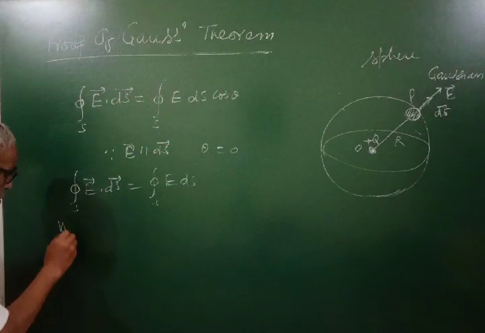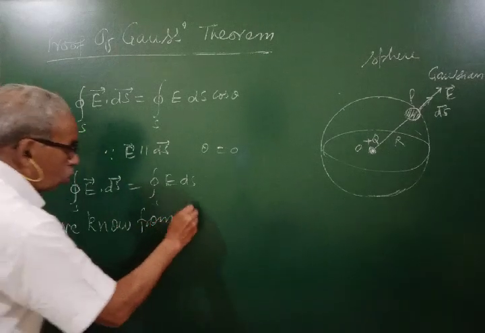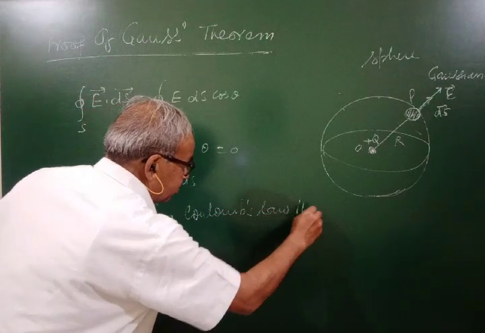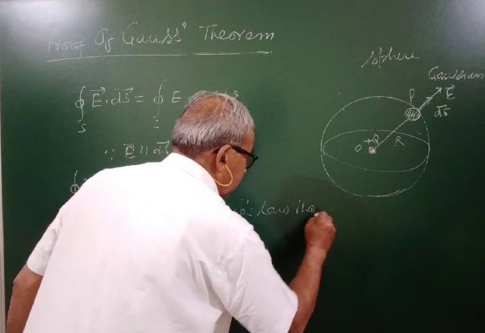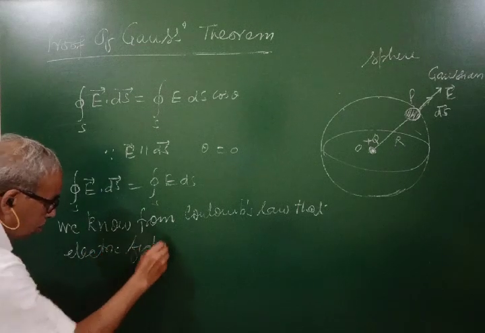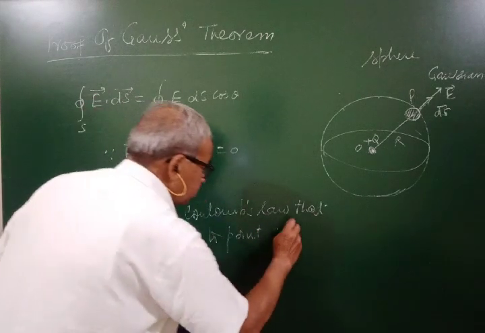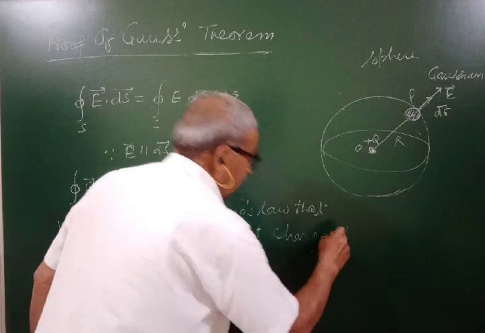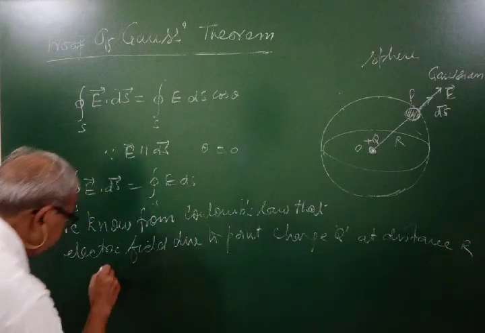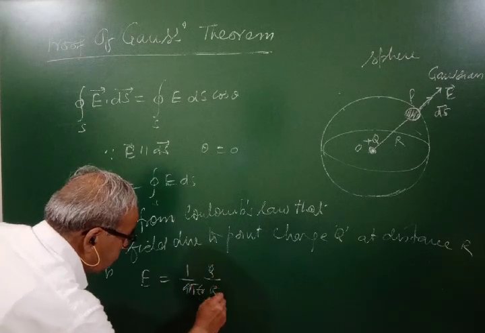And we know from Coulomb's law that the electric field due to a point charge Q at distance R is E equal to 1 upon 4 pi epsilon 0 Q by R square.